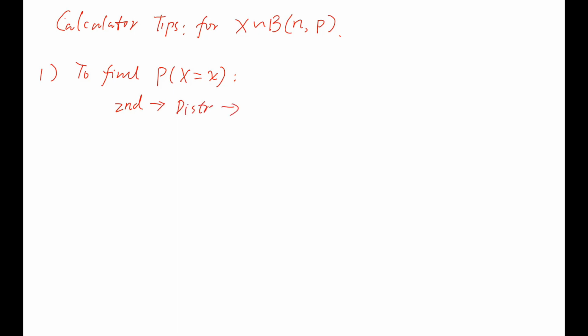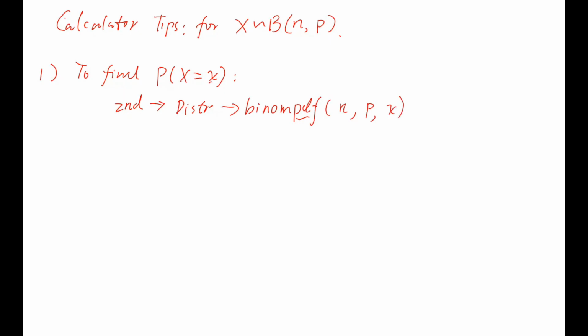And then in the distributions, you can find this binomPDF. Be careful, it's a PDF. So here in this PDF, you want to input N, and P, and then paste whatever the value of this x is.